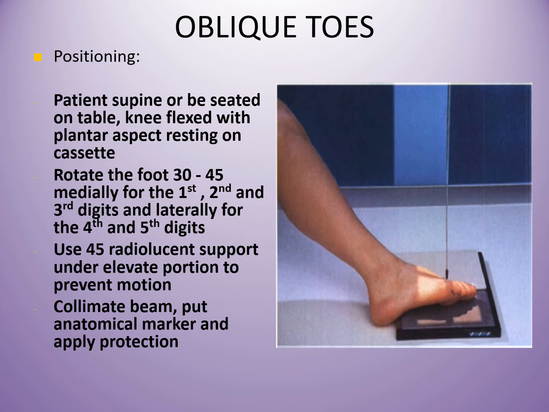But for the digits of 4th to 5th, you project the other way around. Kalau yang ni mungkin dia more to the toes, big toes tu. So they go for the medial side to be close to the IR. Apply the lead shielding as well as collimation to be tightly just enough to get the region of interest.